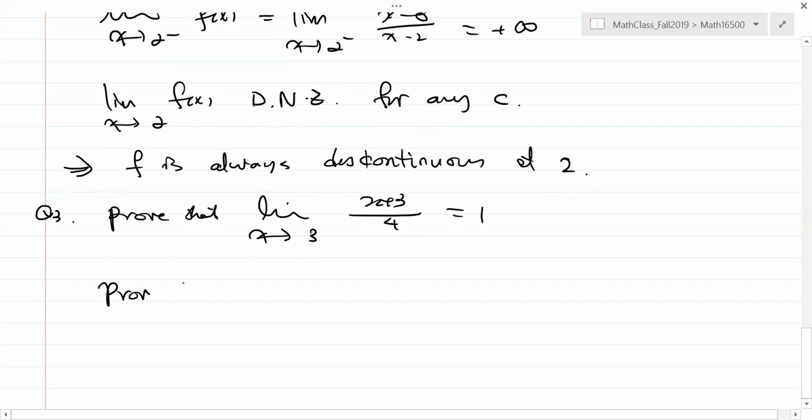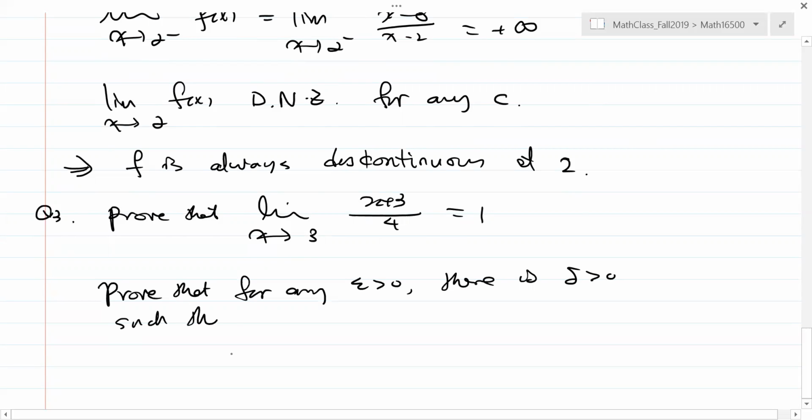Actually, we have to prove that for any epsilon greater than 0, there is a delta such that whenever 0 is less than absolute value of x minus 3 less than delta, it implies absolute value of (x plus 3) over 4 minus 1 is less than epsilon.